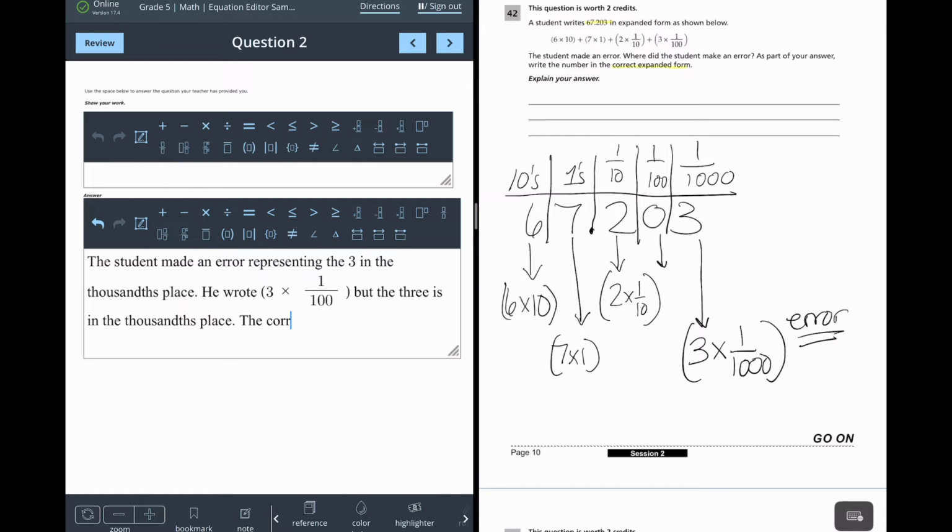The correct expanded form is, to get full credit, I have to write all of it. 6 times 10. Don't forget your plus signs.